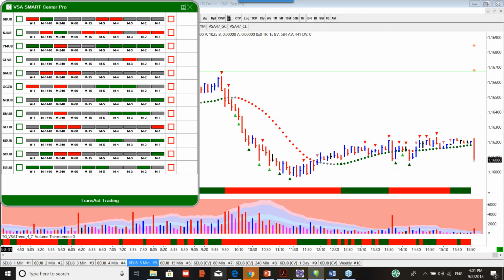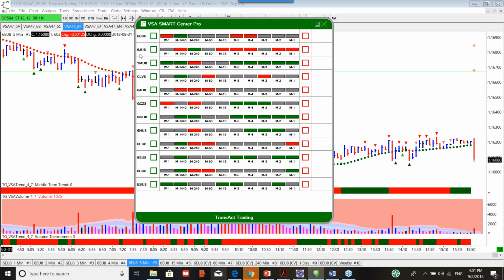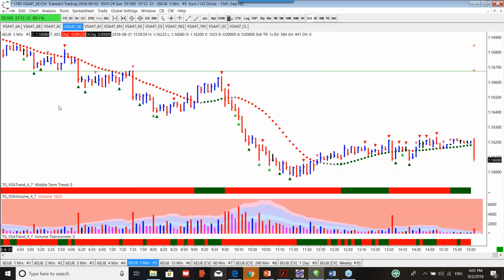The only reason we have this is we can look at multiple charts. So I can, if I want to, very quickly look at instruments here in Smart Center Pro, like the 6B, the 6J, the YM, the Aussie, the gold, the NASDAQ. So I'm monitoring all those instruments. But if you haven't got that technology, you can absolutely have a look for yourself.